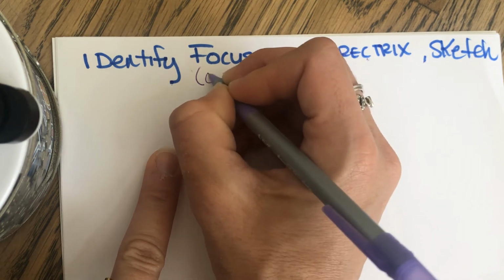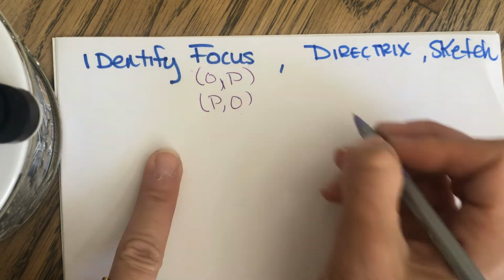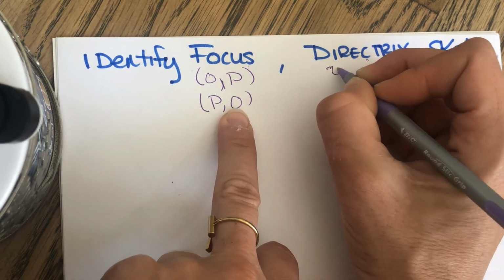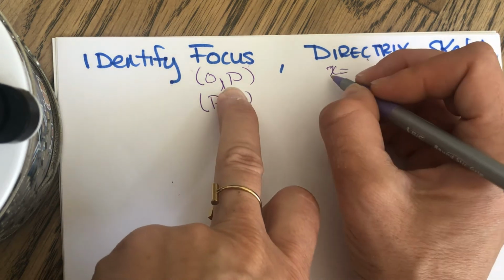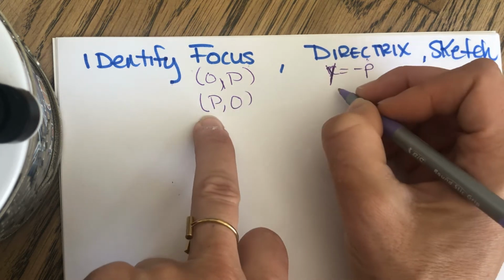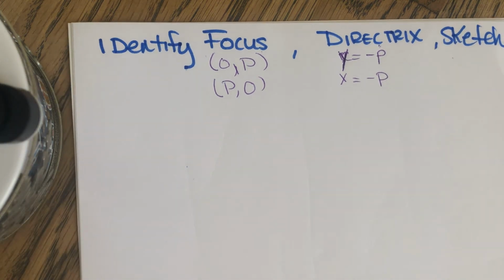It's going to either be a (0, p) or a (p, 0). Your directrix is going to be, in this case, since the P is on the Y, a y equals whatever the opposite is. Since this is an X, it's x equals the opposite, and then we will sketch it.